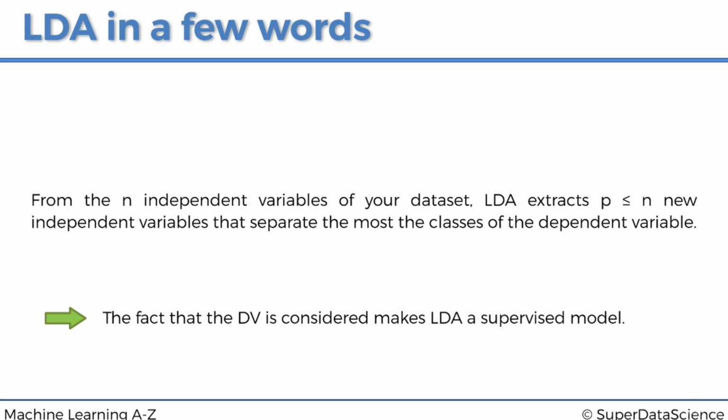Now we are looking to extract the independent variables that separate the most the classes, and the classes are information related to the dependent variable, and therefore it is dependent variable related. So LDA is a feature extraction model, but this time supervised.